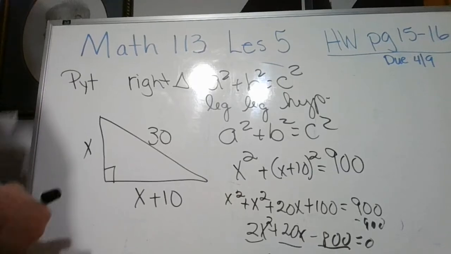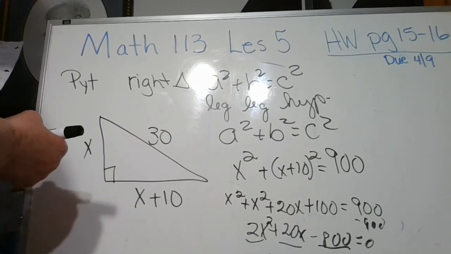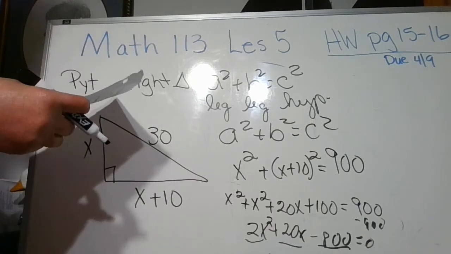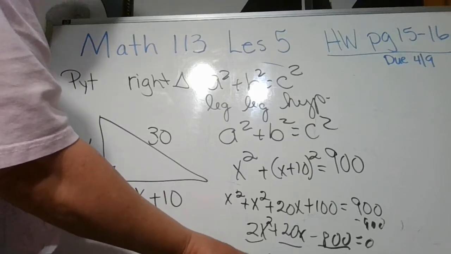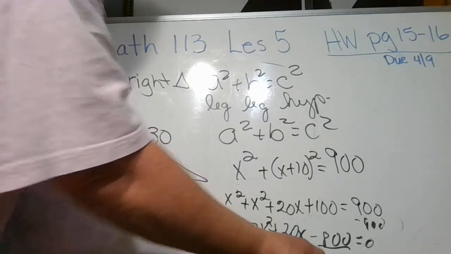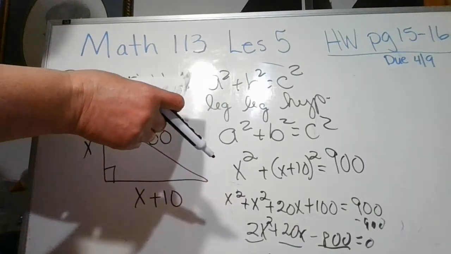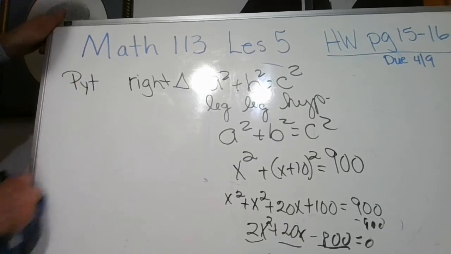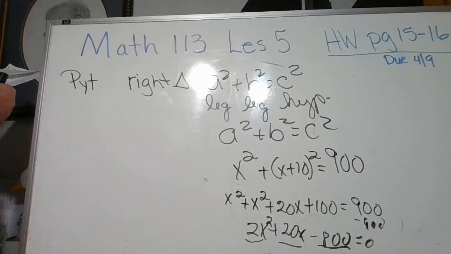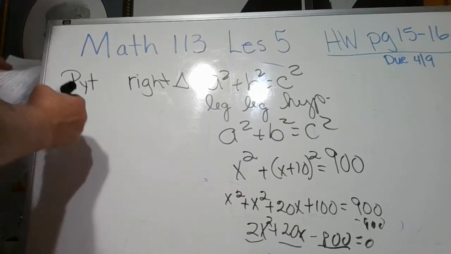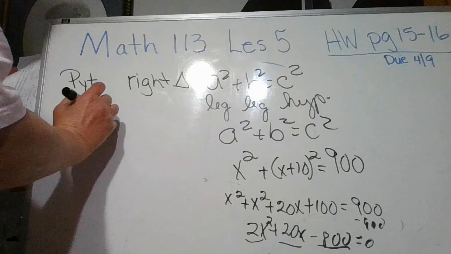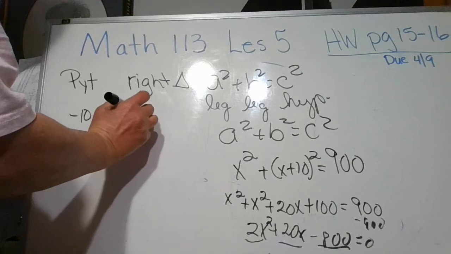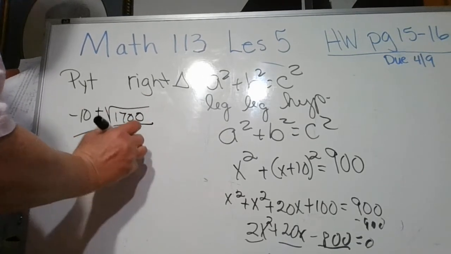Give you a second to look at that. Now, you're going to put that into the quadratic equation with a equal to 1, b equal to 10, and c equal to negative 400. And when you put that in there, you're going to end up with negative 10 plus or minus the square root of 1700, all over 2.